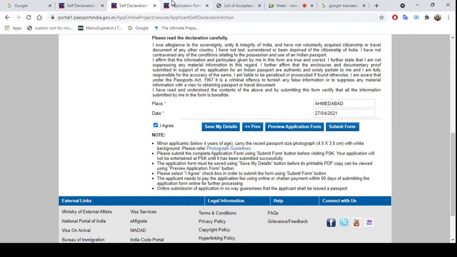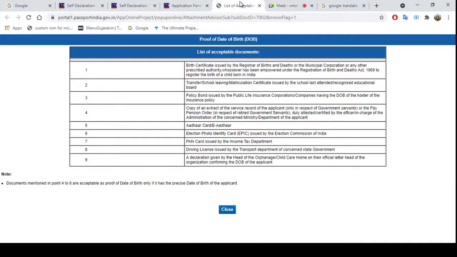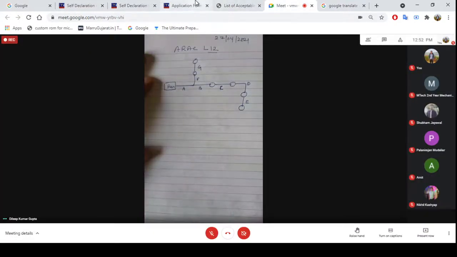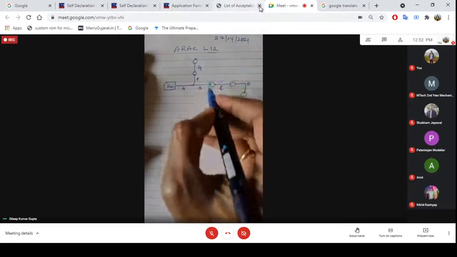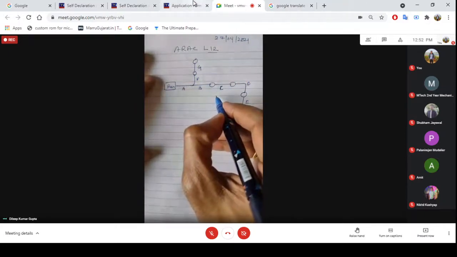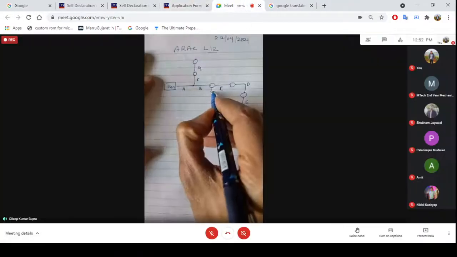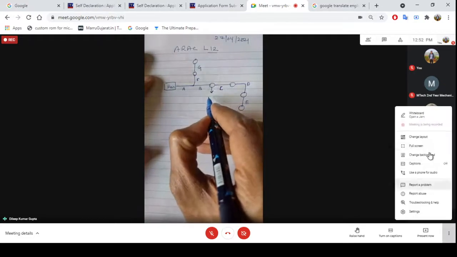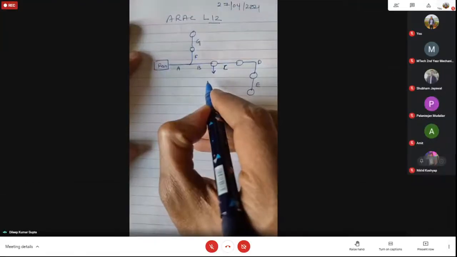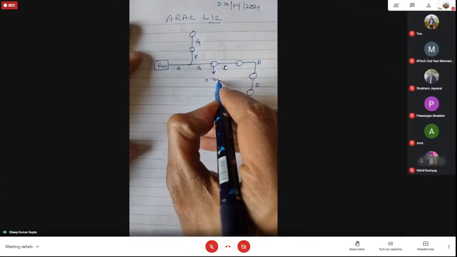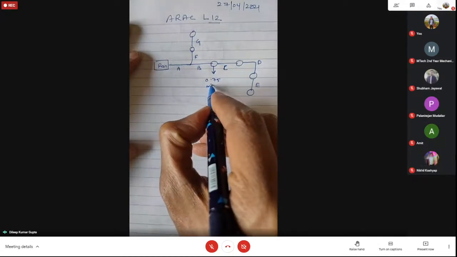The opening of each individual branch and its flow rate is given to you. That is, you can find out based on the requirement how much flow should be there. So this is given as 0.75 meter cube per second.